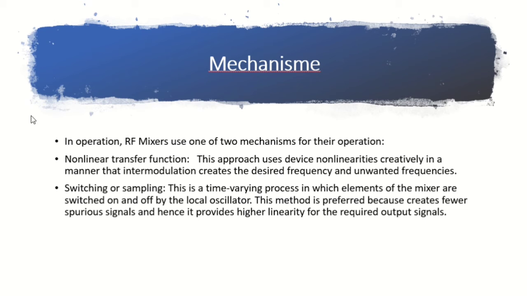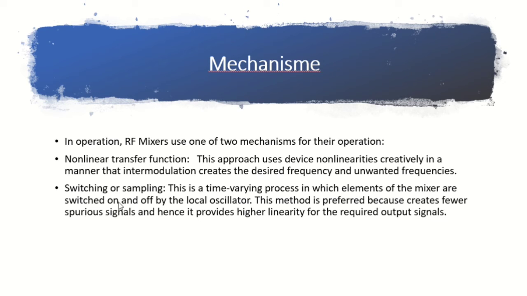So the most popular mechanism for RF mixers is switching or sampling. This is a time varying process in which elements of the mixer are switched on and off by the local oscillator. So that's why they use, for example, a MOSFET or diode to generate this time varying process.